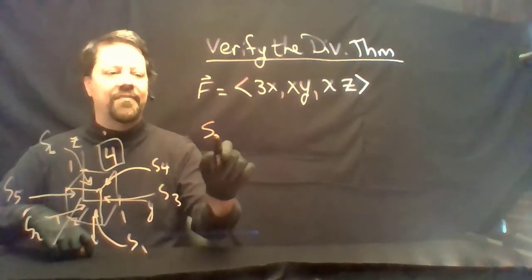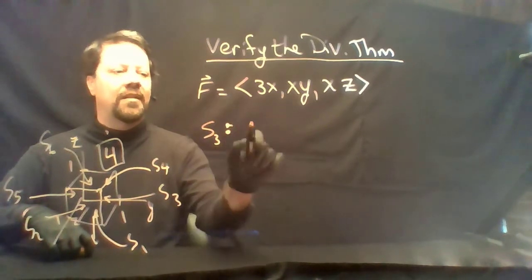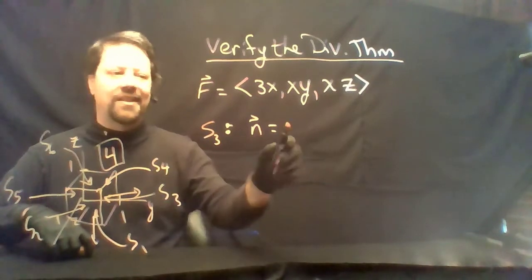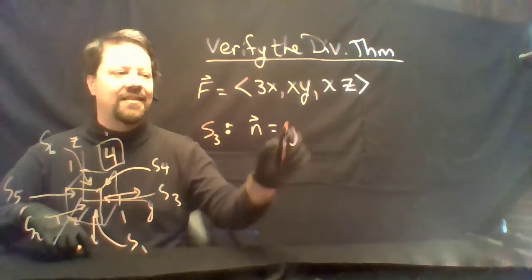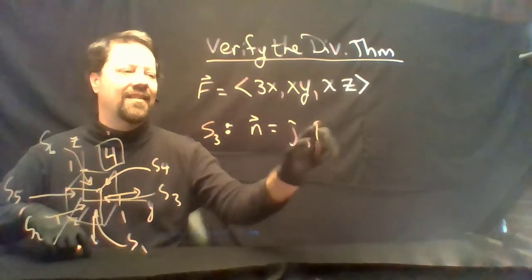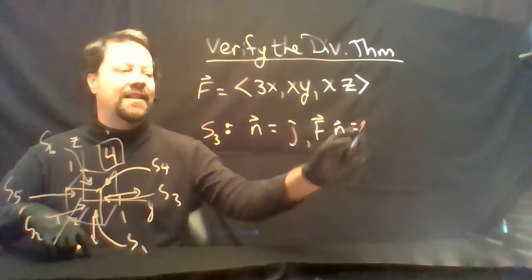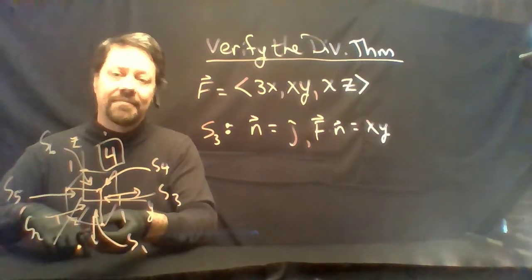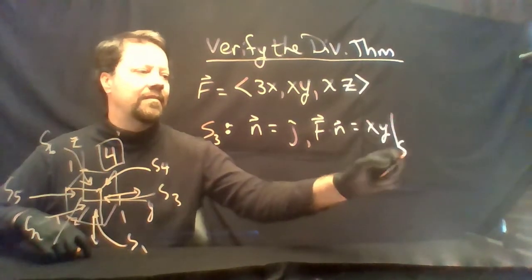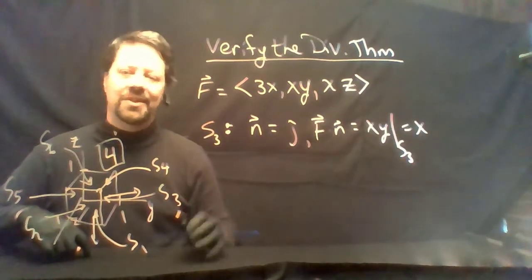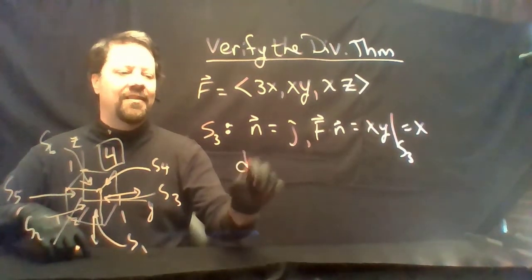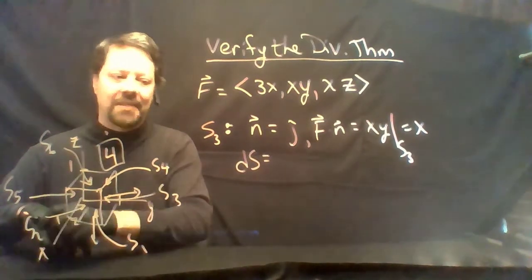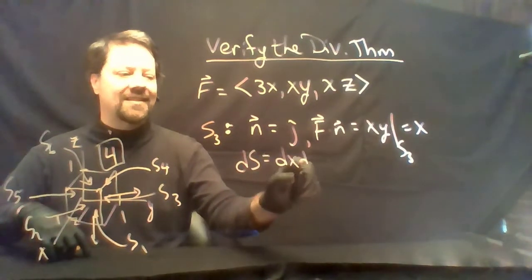On surface 3, the normal pokes straight over to the right in the direction of the positive y-axis. That's j. F dot n in this case is xy. At this particular face, y is equal to 1. So we're just integrating x. The surface element, since this face is parallel to the xz plane, will be dx dz.